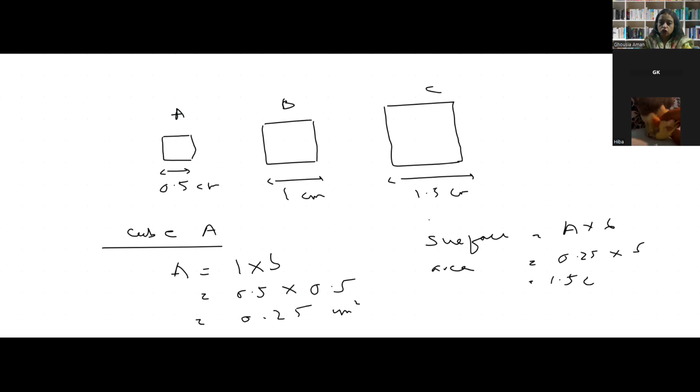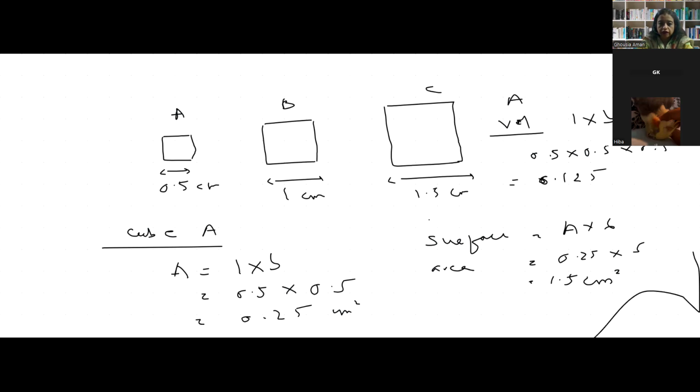Now, if we want to find the volume of cube A, volume is length multiplied by breadth multiplied by height. So 0.5 into 0.5 into 0.5 is 0.125. Now I want to make the ratio of the surface area to volume, so you will understand what ratio comes for the smaller cube.